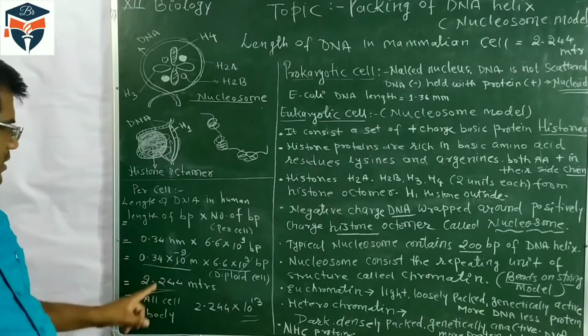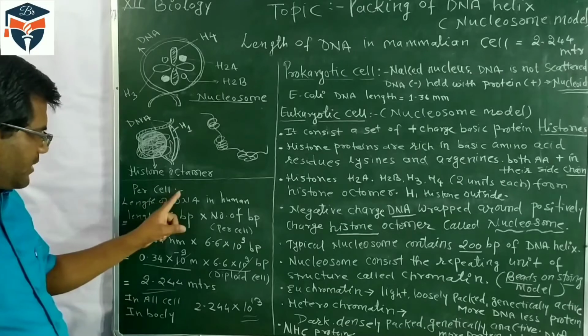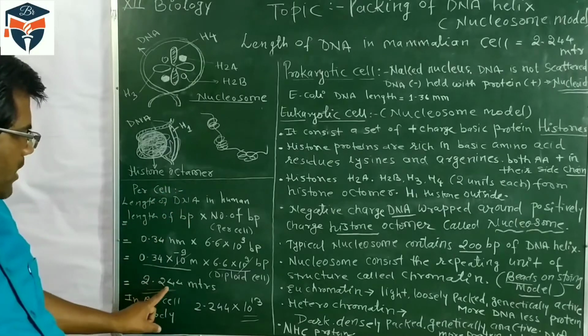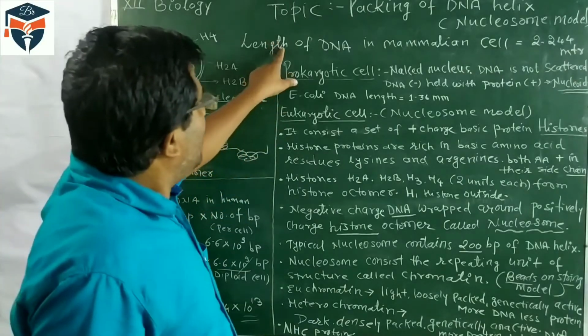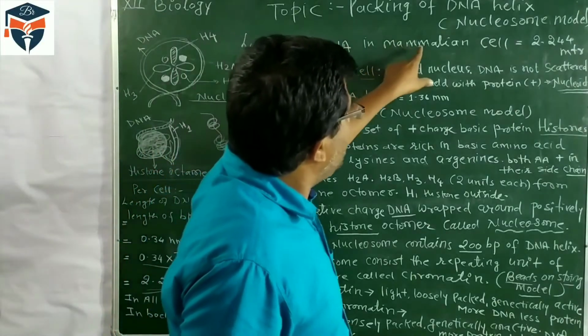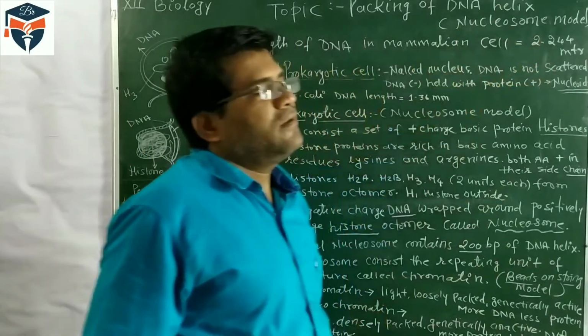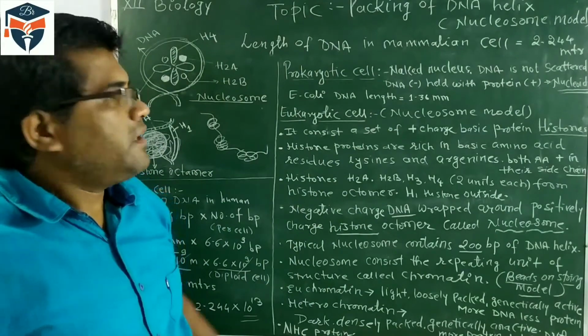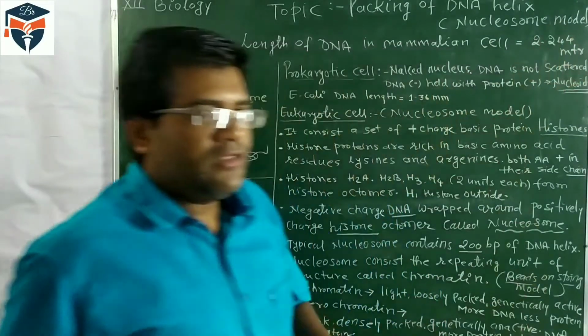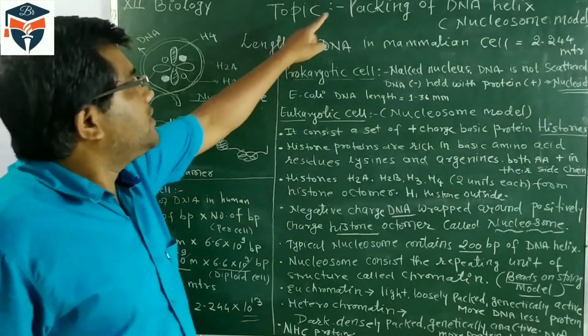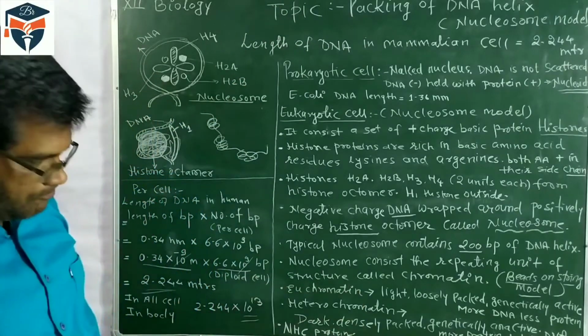But here we should remember only one thing: per cell, length of DNA is 2.244 meter. It means length of DNA in a mammalian cell is about 2 meter. And how this DNA is packed, now we have to discuss.